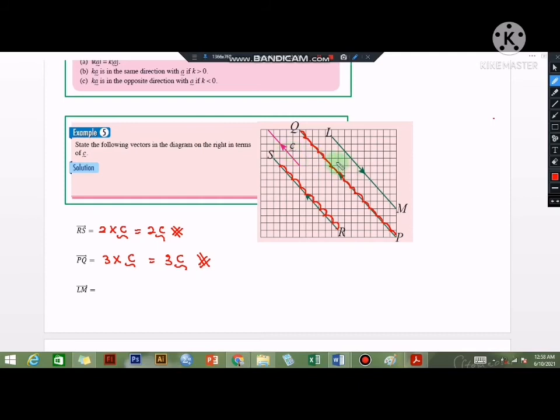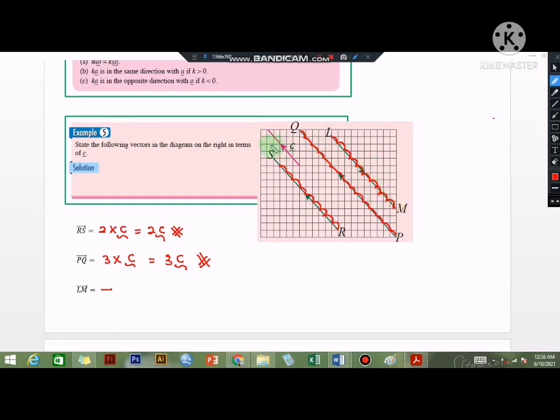So what should you do? Because we depend on this vector to find the vector LM. Since this is the opposite direction, you need to put a negative. And then after that, this is 5 units, so you need to calculate how many units for vector LM. 1, 2, 3, 4, 5, 6, 7, 8, 9, and 10.